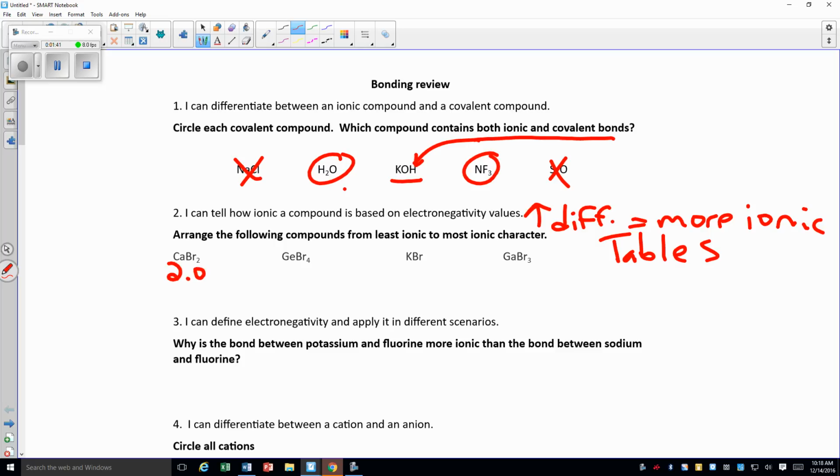GeBr is going to be 1.0. KBr is 2.2. And then GaBr is going to be 1.2. So if I rank them from least to most, it's going to go 4, 3, 2, 1. Simple as that.